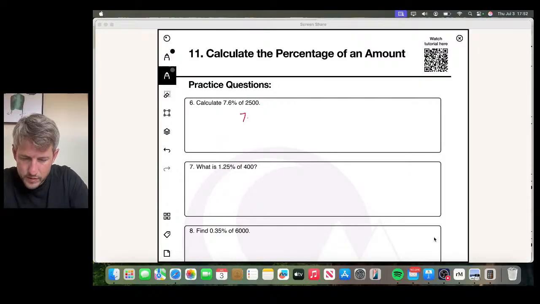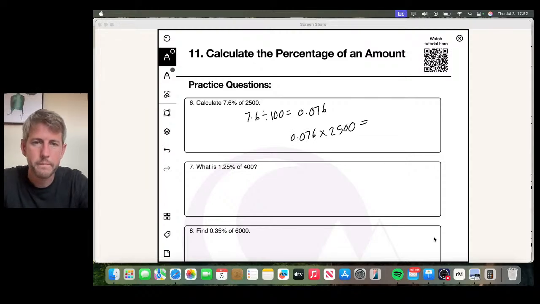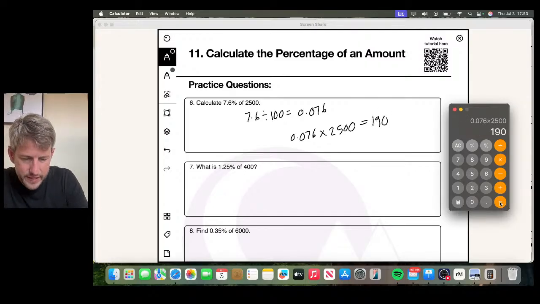So let's keep the color scheme as well. 7.6 divided by 100 equals 0.076. 0.076 multiplied by 2,500. That's a job for the calculator. So there we go, so that's 190.